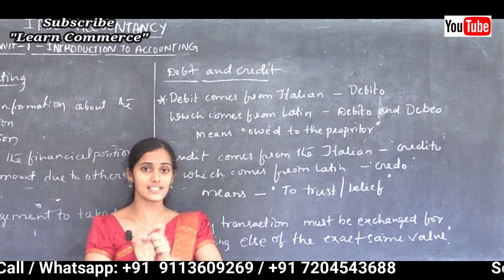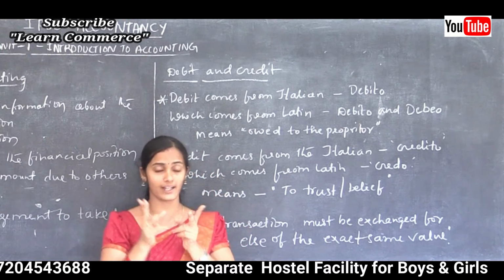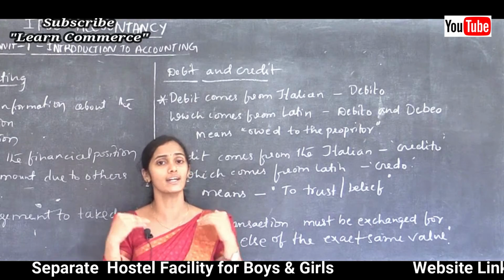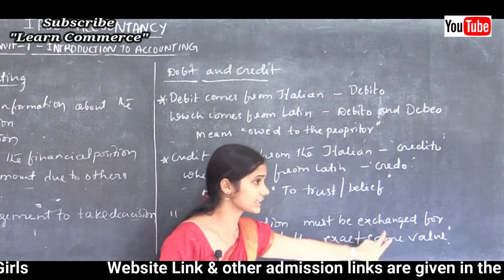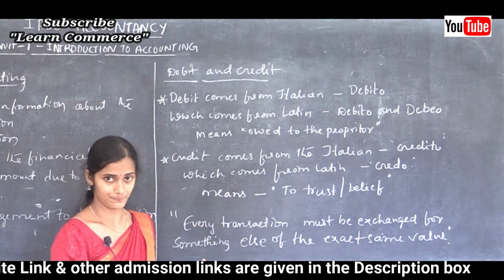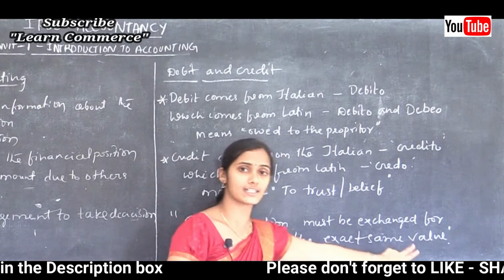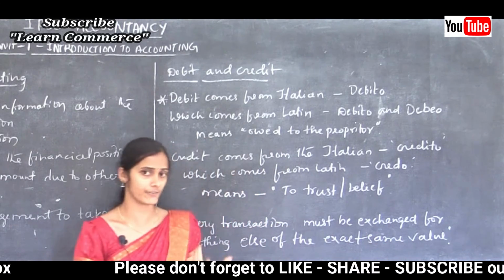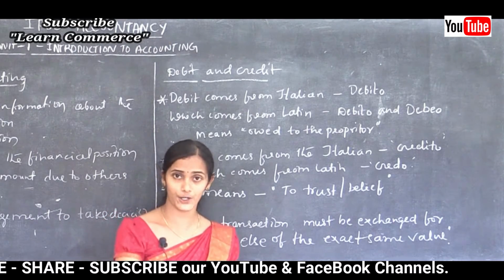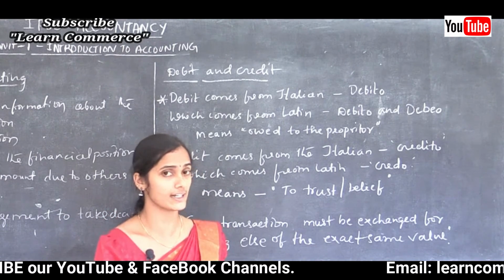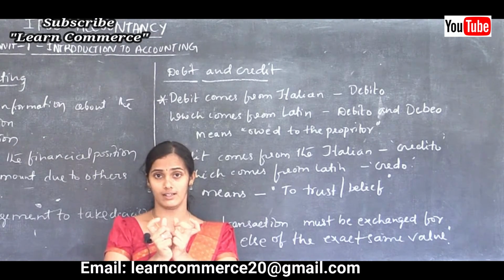Each and every transaction has two different aspects, the take aspect and the give aspect. Every transaction must be exchanged for something else of the exact same value. For example, you are buying a 100 rupees chocolate. You are paying 100 rupees to the shopkeeper and receiving chocolate of the same satisfaction.